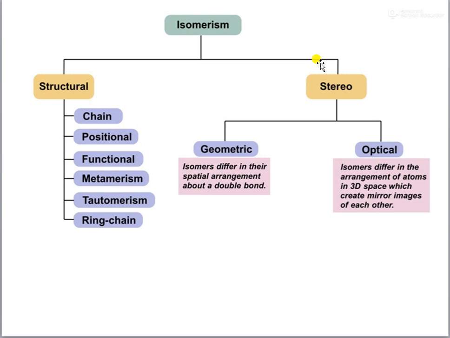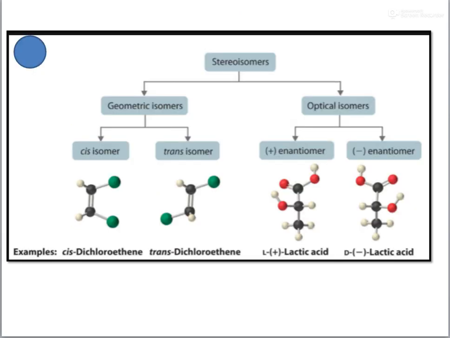The optical isomers are isomers which differ in the arrangement of atoms in 3D space, which will create mirror images of each other. Now, let me just show you a depiction of this. Okay, now let's consider the optical isomers.